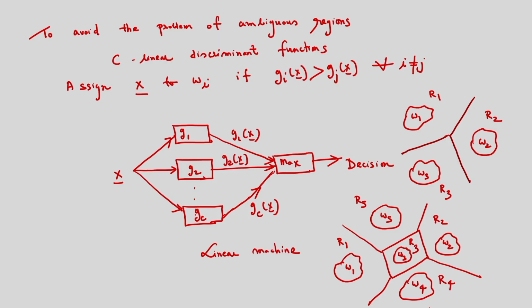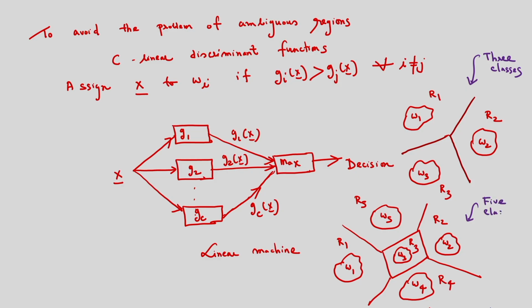So in the first case I have shown the decision boundary for a 3-class problem. The second one is a decision boundary for a 5-class problem.